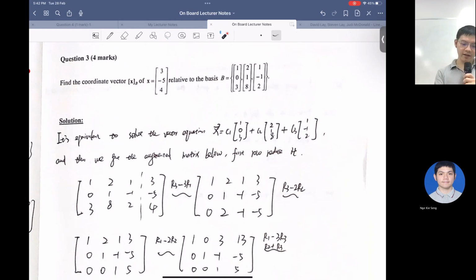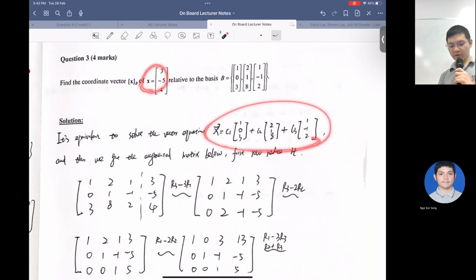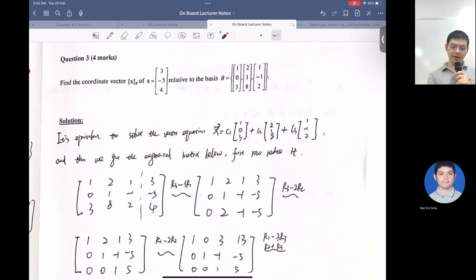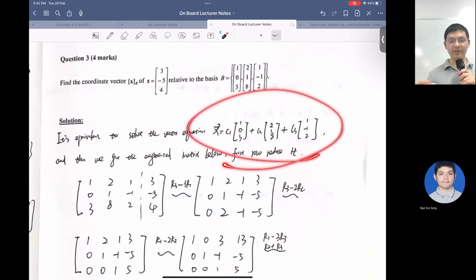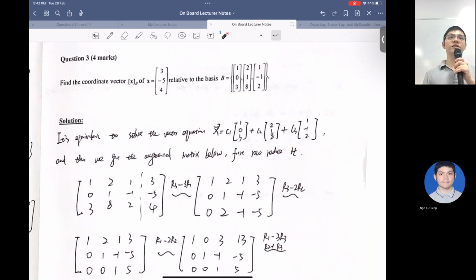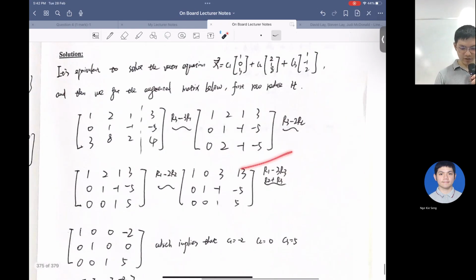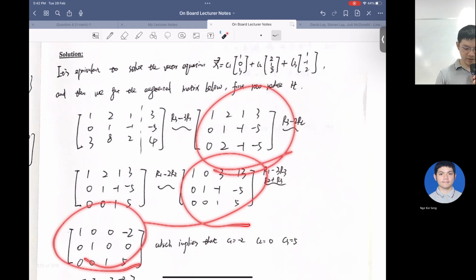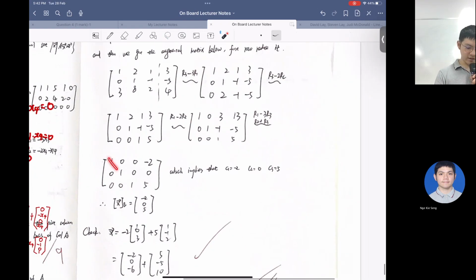Express x as a linear combination of the basis elements, and then the coordinate vector of x is just the coefficients. To solve this, you solve the vector equation, which means solving the augmented matrix. Solve until you get this identity.